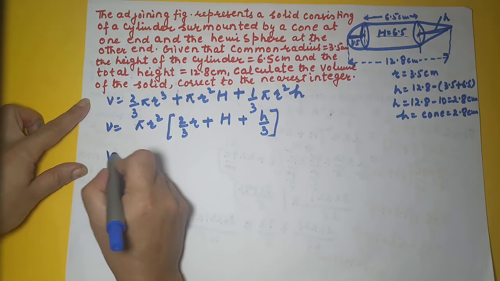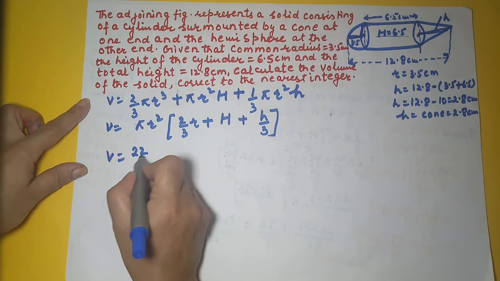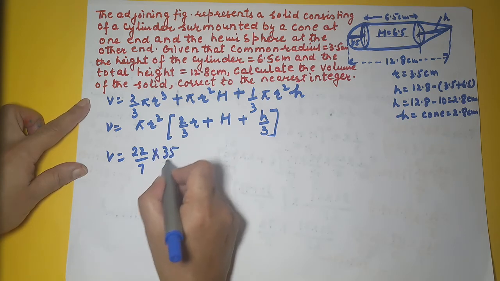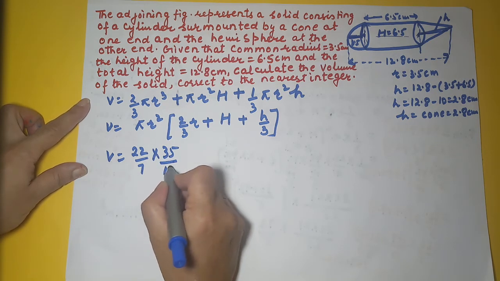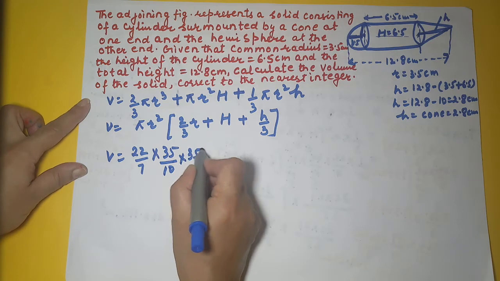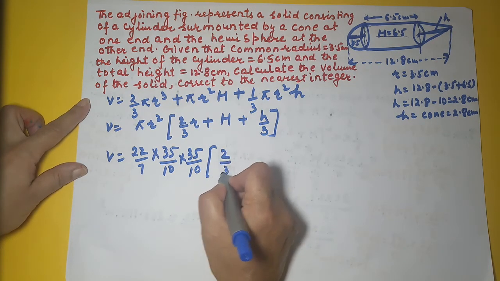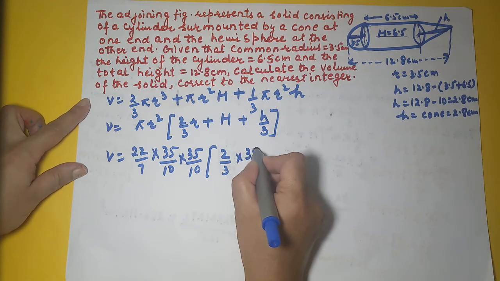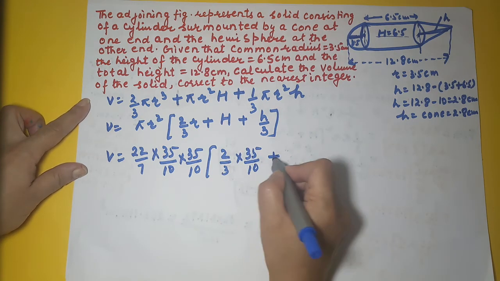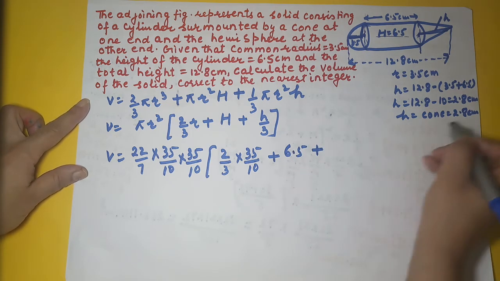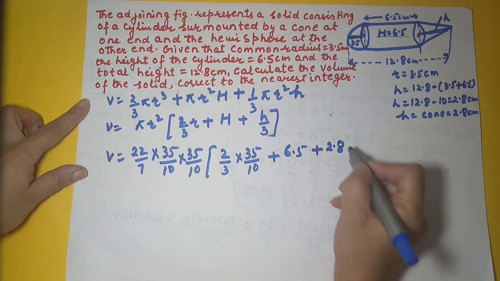Now let's substitute the values. Pi is 22 by 7, r square is 35 by 10 into 35 by 10, and here it is 2 by 3 into 35 by 10, plus H is 6.5, plus here h is 2.8 divided by this 3.